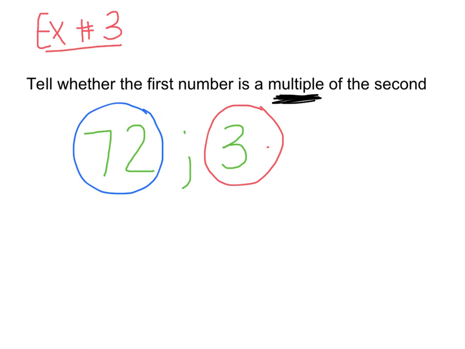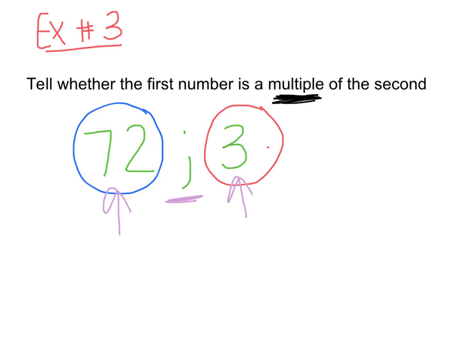It's just there to separate the two numbers. So basically what they're asking us is if we skip counted by 3s, 3, 6, 9, 12, 15, and we kept going, would we eventually get to 72? And we could keep skip counting to figure that out.